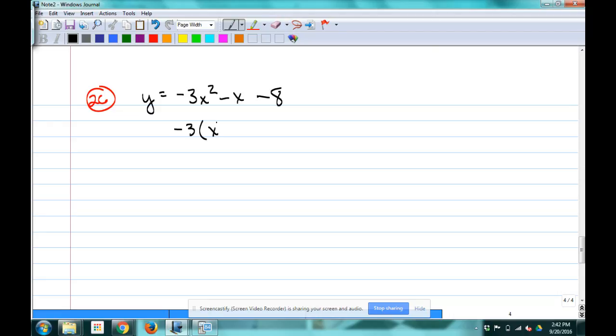I'm going to have to factor out a negative 3 out of these front pieces. If you divide negative 1 by negative 3, it's positive 1/3. So you end up with fractions involved. So this is one of the drawbacks of putting it in vertex form.